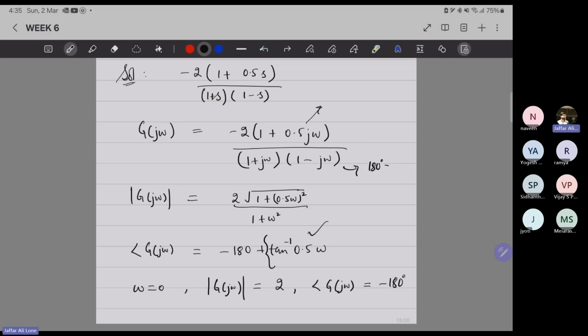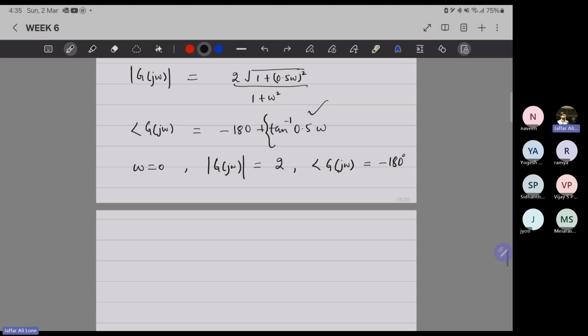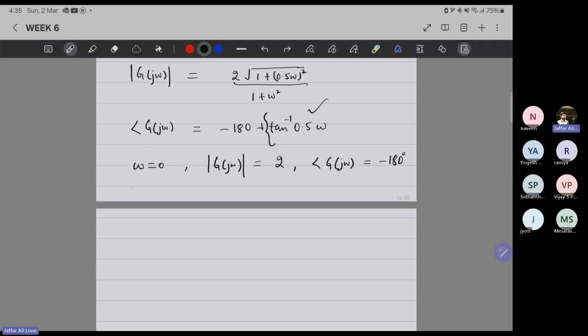So where was I? I was here. Similarly, when we put omega as infinity, my magnitude will be 0, and my angle of G(j omega) will be minus 90.